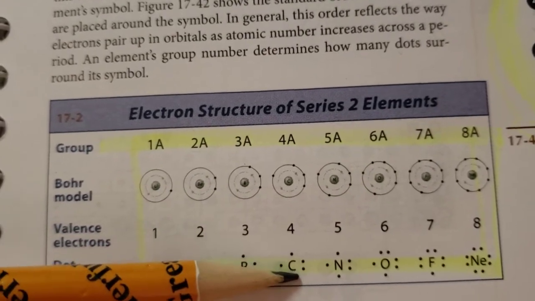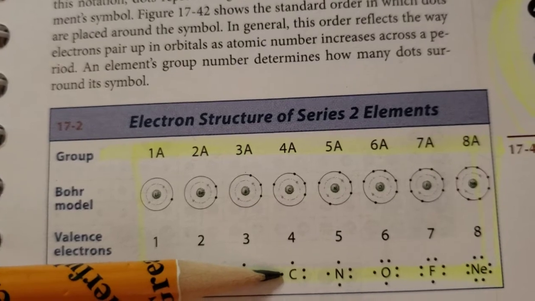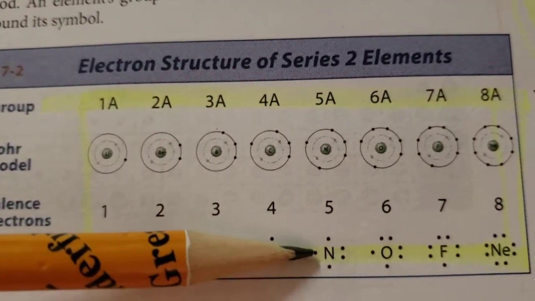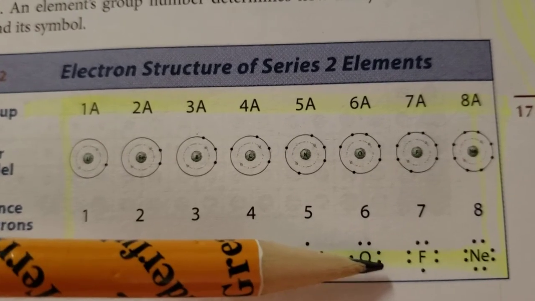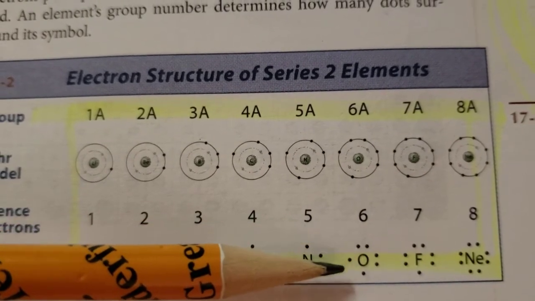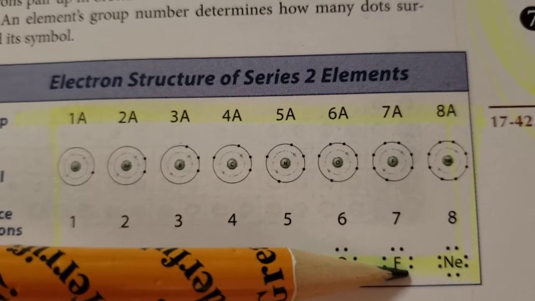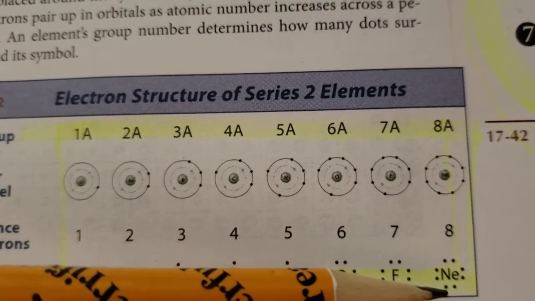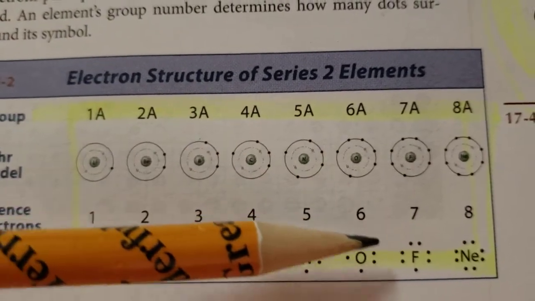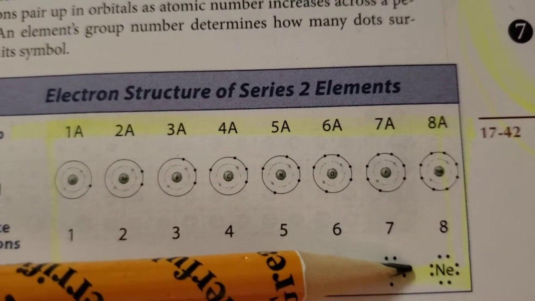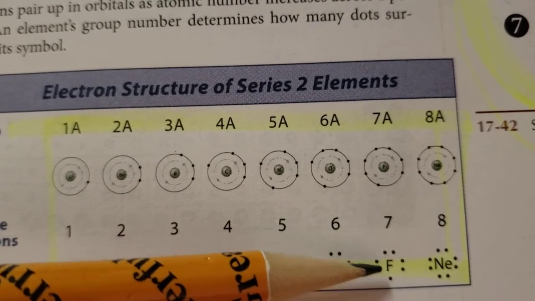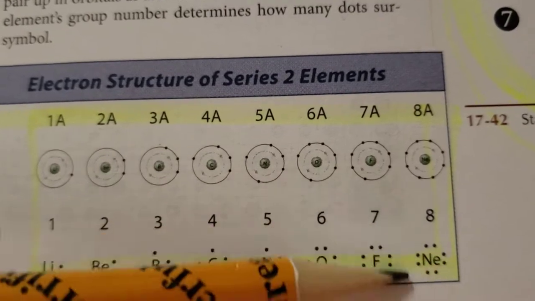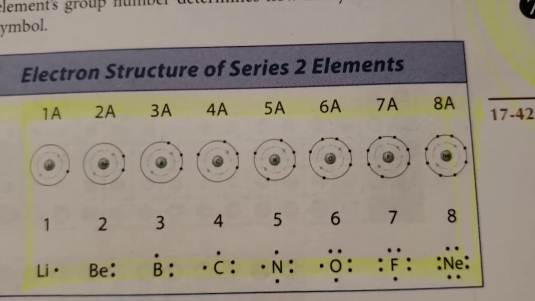So 3, then you've got 4, then 5, then 6, then 7. Well, technically 7, and then the 8s you distribute all around.